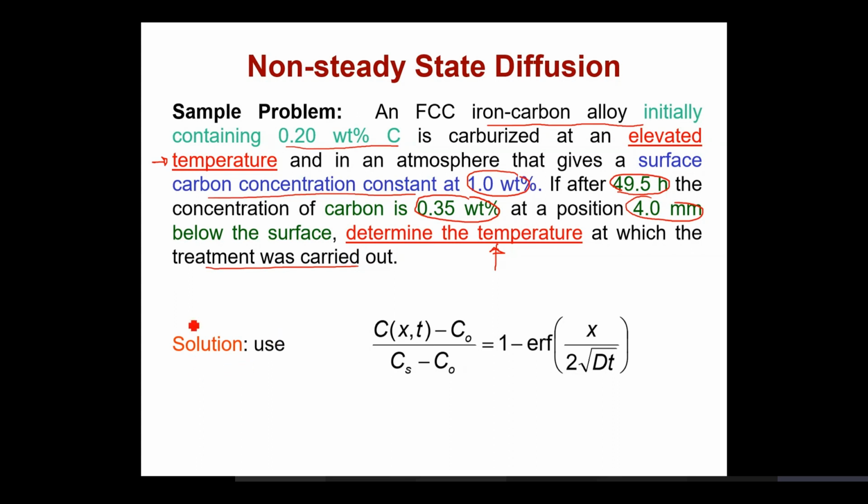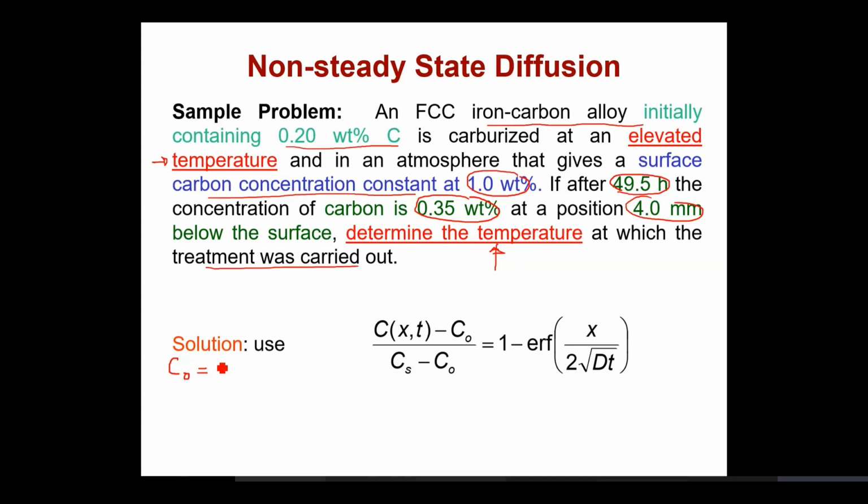So the first thing we do is write down the information that is given to us. Can you tell me the value of C naught? Sir, 1.0. What is C naught?